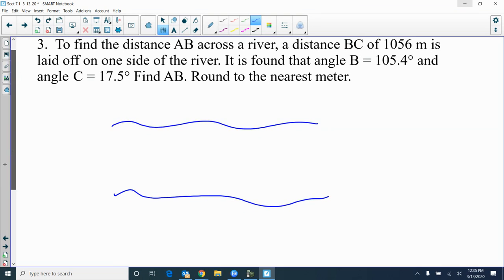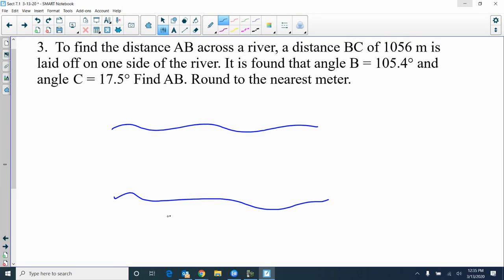All right, now there's my river. I am going to label point B right here, and I'm going to label point C right here. That's 1,056. So you're going to have to think about where A is. Since angle B is 105.4 degrees, you don't want to draw A straight across.